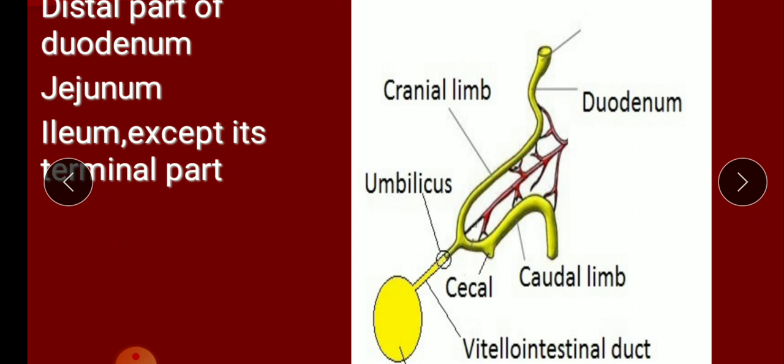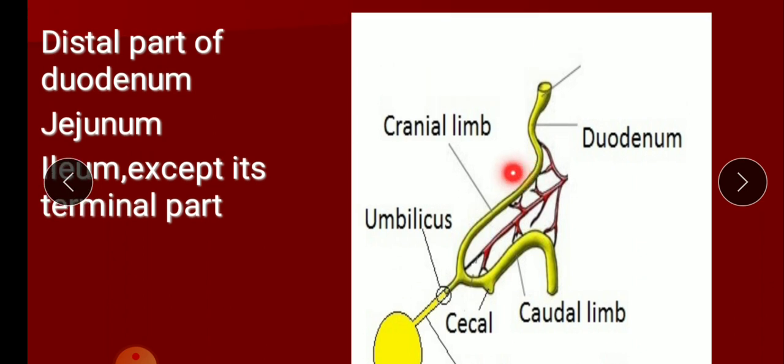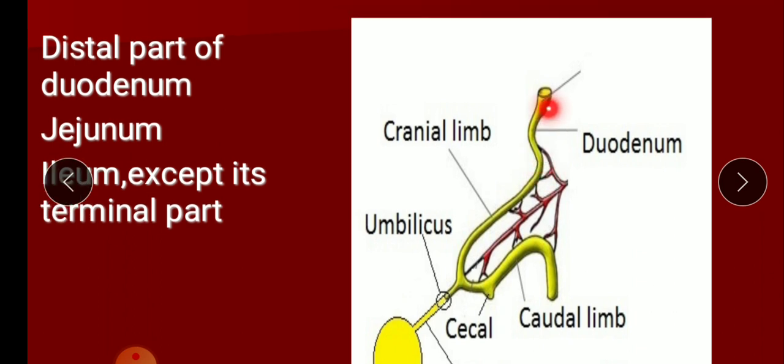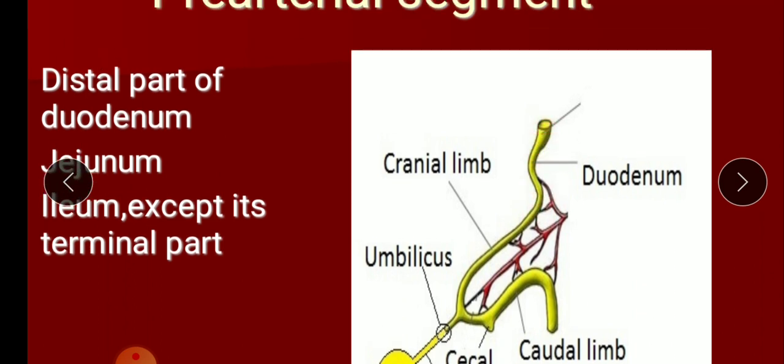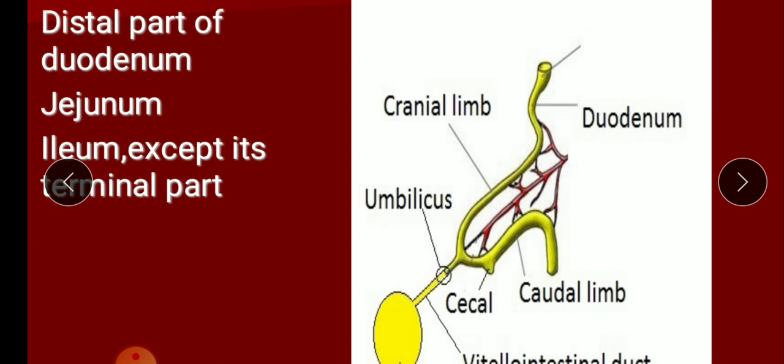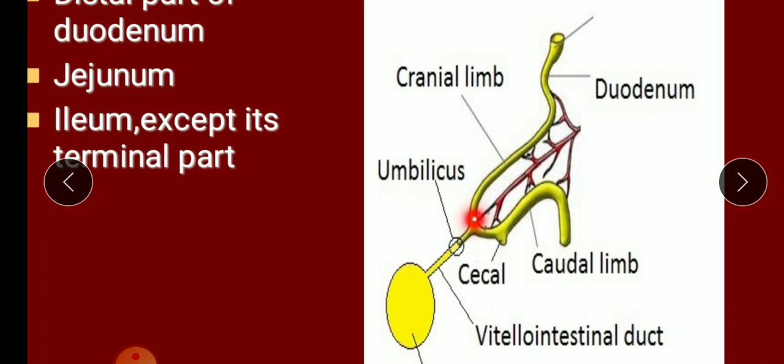The rest of the part of the duodenum below the common bile duct. So this is the duodenum that is going to develop from the pre-arterial segment, then the jejunum, and then the ileum. Now, one thing you have to remember, don't expect the whole of ileum to be developing from the pre-arterial segment.